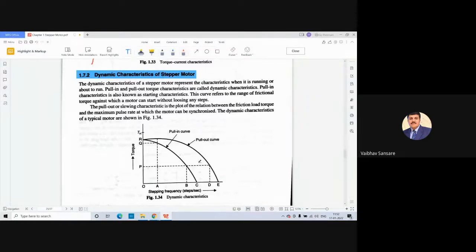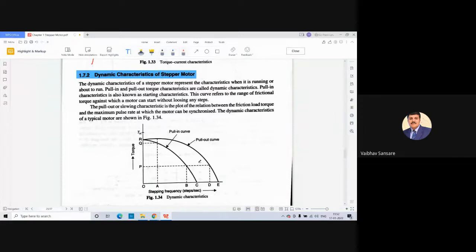So there are two different characteristics. One is the pull-in characteristics, which corresponds to pull-in torque, and the second is the pull-out characteristics, which corresponds to pull-out torque. The pull-in curve refers to the range of frictional torque against which the motor can start without losing a step angle.